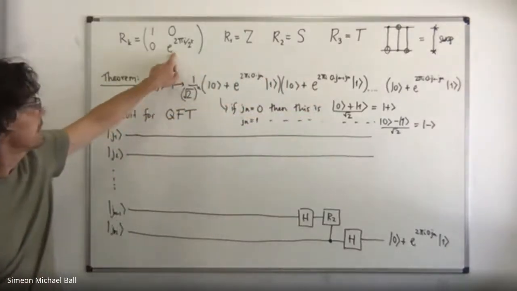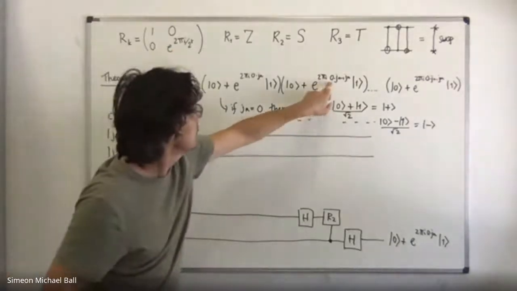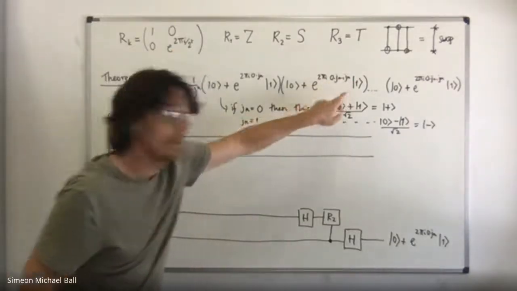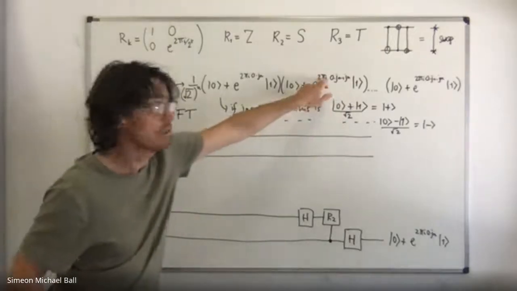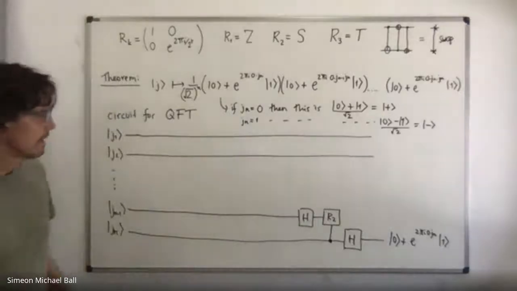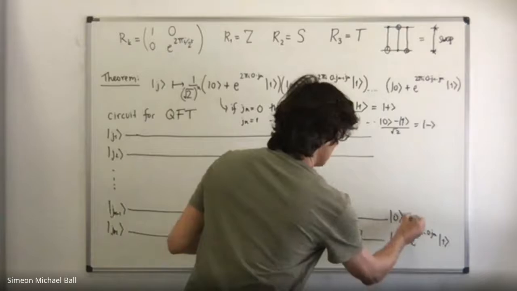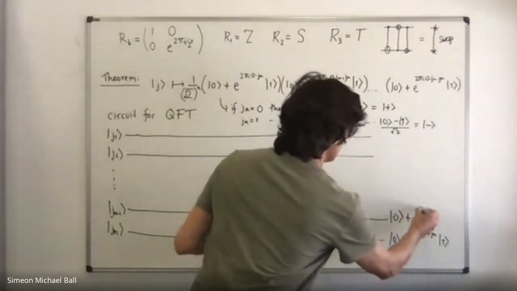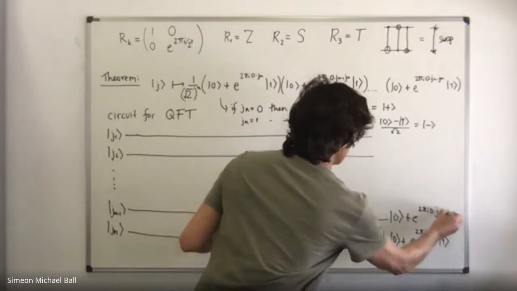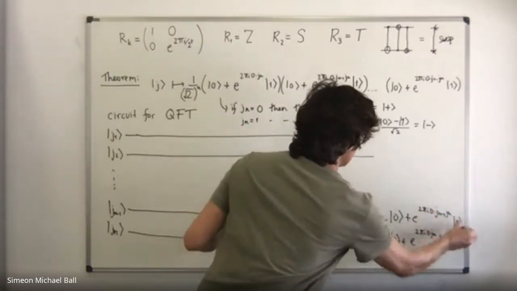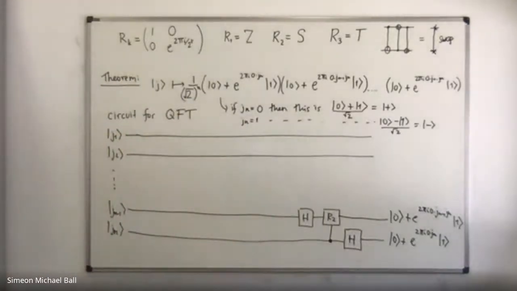I multiply the phase by 0.0jn, and then since it's exponential, we have to sum the exponents, and this will give us 0 plus e to the 2 pi i 0.jn minus 1 jn. I'm going to divide by something, this will be an adjustment.